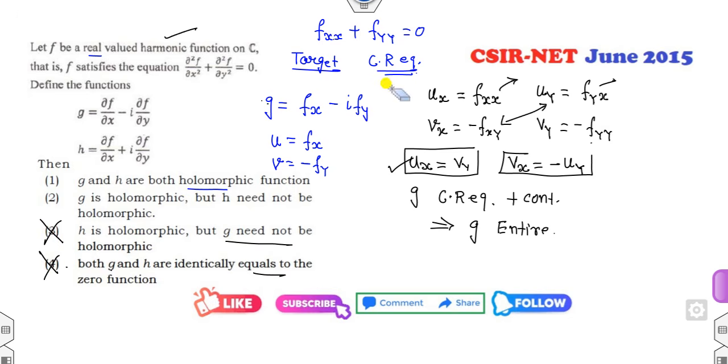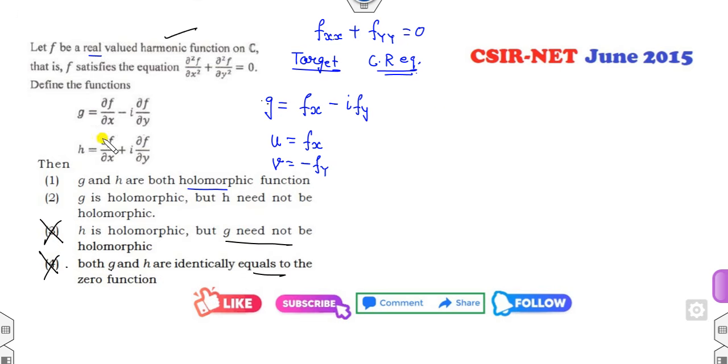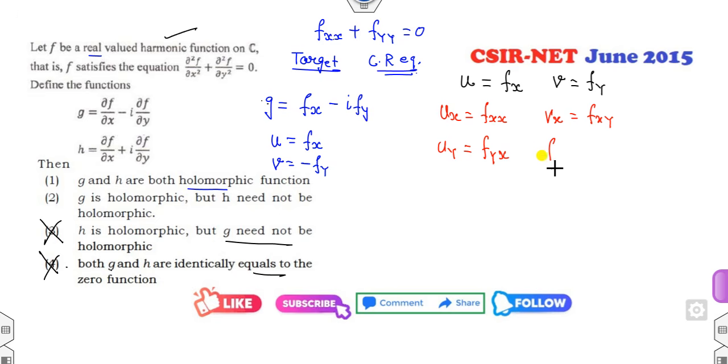Now look at the second, the case of h. What is u in the case of h? That is f_x. V is f_y. What is u_x? f_xx. u_y, f_yx. v_x, f_xy, and v_y is f_yy. Clearly, the target is to check u_x equals v_y, which is not satisfied, because f_xx plus f_yy is 0.